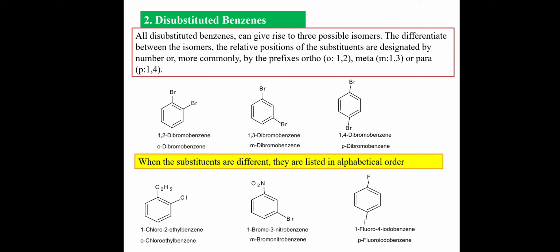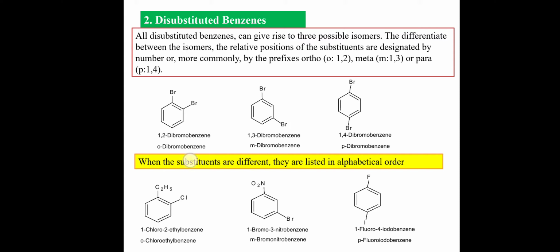They are designated by a number or, more commonly, by the prefix ortho, that means 1 2, meta, that means 1 3, or para, that means 1 4. It means simply if the substituents are 1 2, then it is ortho. If they are 1 3, then it is meta, and if they are in a 1 4 relationship, at that time they are para.